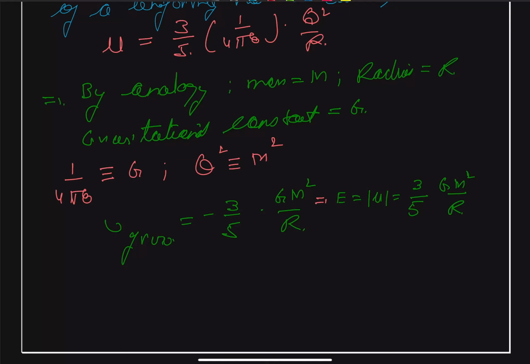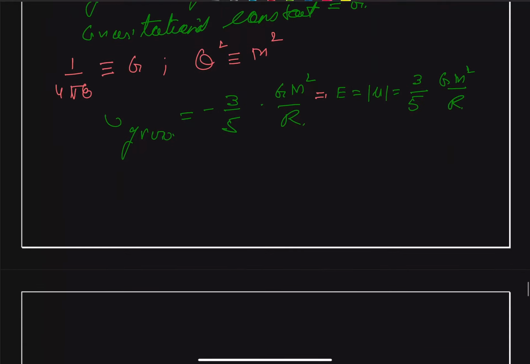And we already know all these values, and we also know that our small g is equal to GM upon r square.